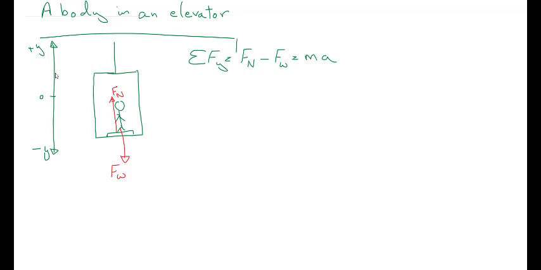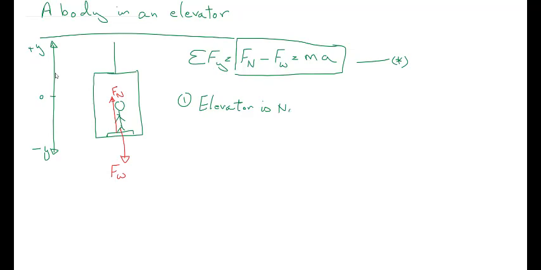Now if I give this equation a title or symbol, like a star, I'm going to work with a case when the elevator is not moving. When the elevator is not moving, that means the acceleration is 0 meters per second squared.